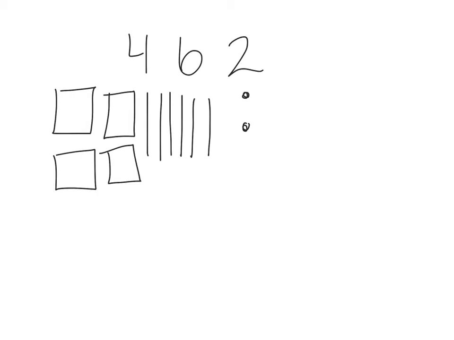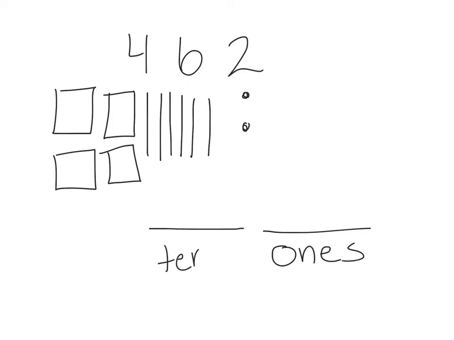Now, when I say our numbers are based off of the number 10, it means that we can only hold 9 groups in each place value. So in our place values, we've got our 1s, our 10s, and our 100s.